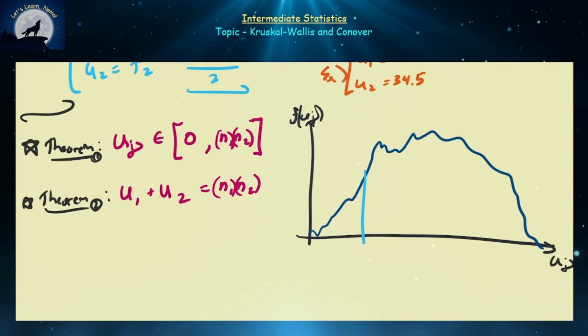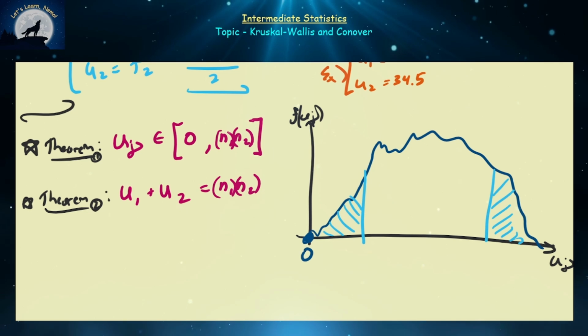So obviously our rejection region for equality of ranks will be on the opposite tails of this distribution, where the lower bound of this distribution is 0, and the upper bound of this is going to be n1 times n2. Right? So for our particular example, we actually have these cutoffs.